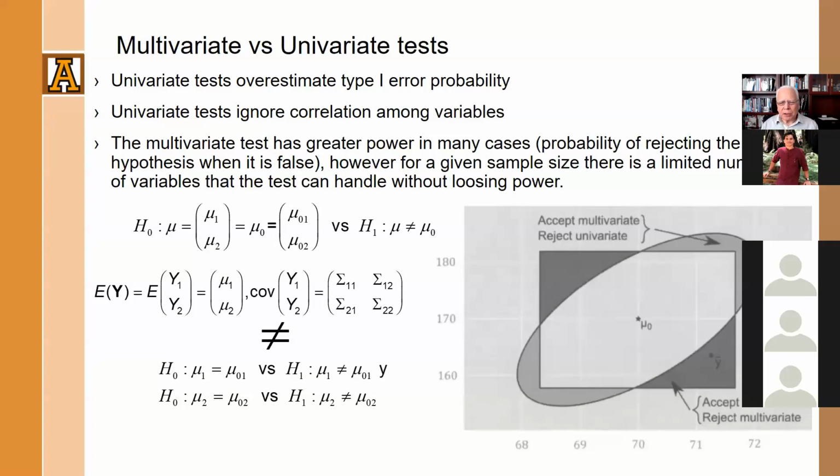Okay, and to illustrate that, let's look at this picture here. We have a picture that shows the joint distribution of two random variables. And we can assume that these are normal distributions. And we are making inferences about the mean vector of the two random variables.